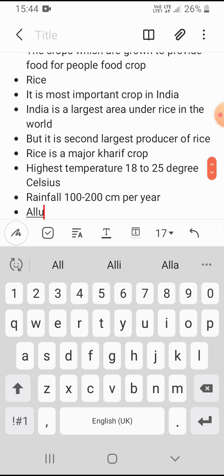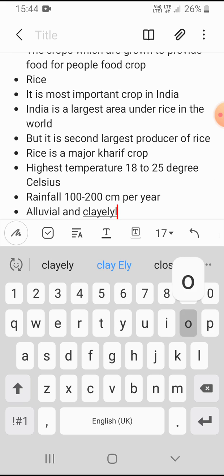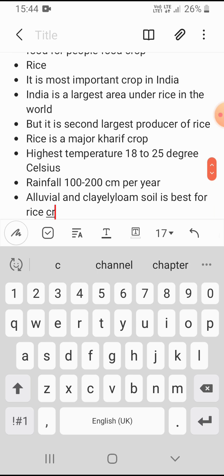Alluvial and clayey loam soil is best for the rice crop.